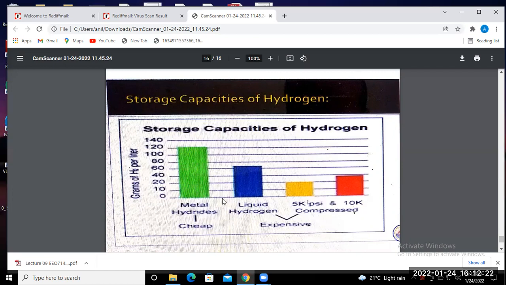We can store a large amount of hydrogen in metal hydride form, and it is the cheapest in terms of material usage. So this is all about the hydrogen storage system.